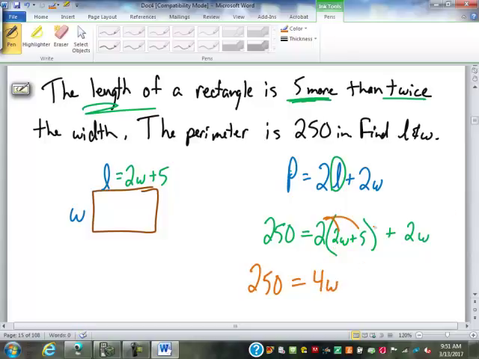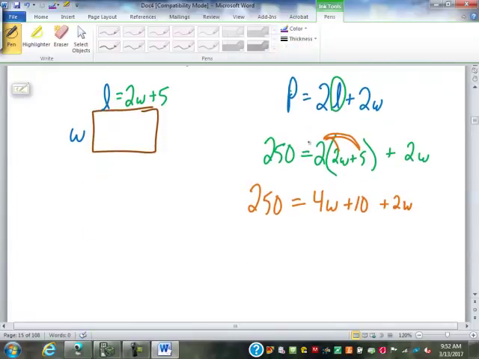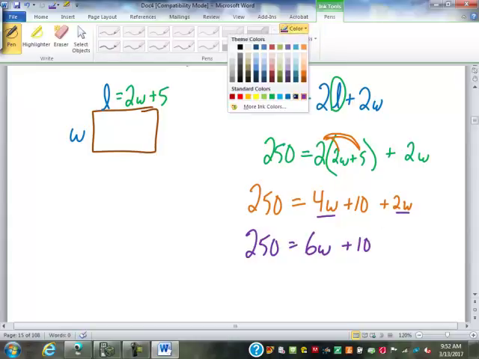And then? 2 times 5 is 10. Still have the 2W sitting out there. Next. Okay. 4W and 2W make 6W, and we still have the 10. And then we will subtract the 10.